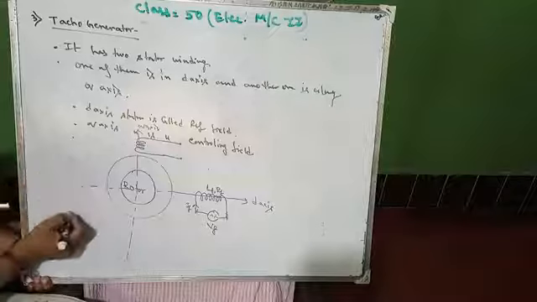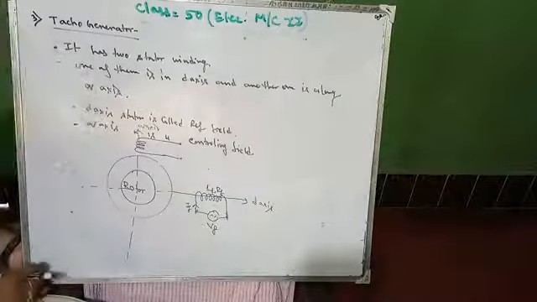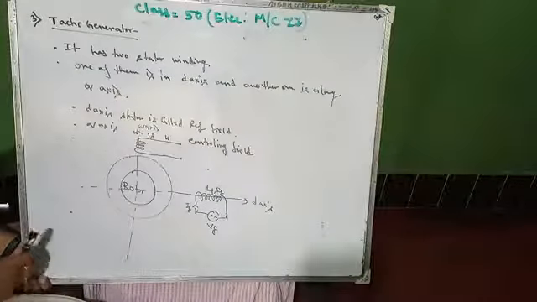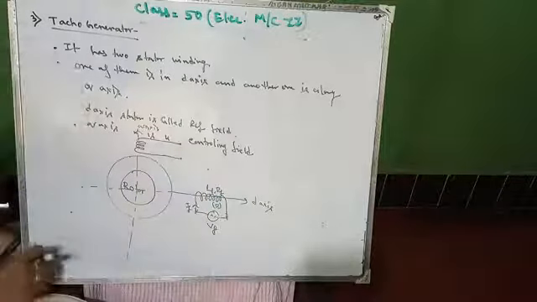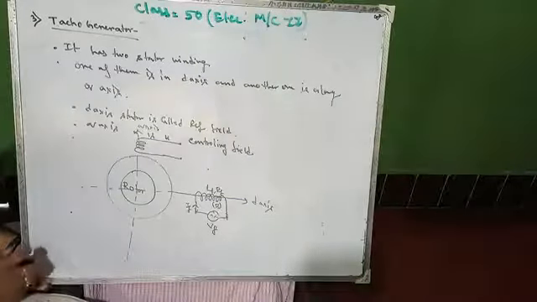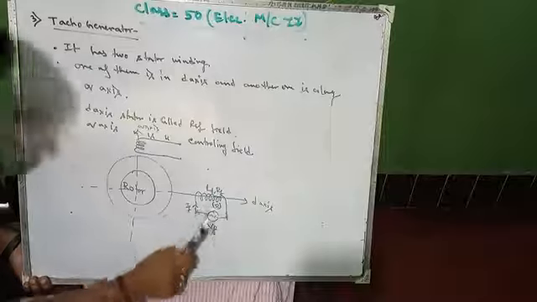Next, write some points first. Stator winding R, so this is your R. Name it as R. Stator winding R provides a flux which is generated by a constant frequency AC supply.